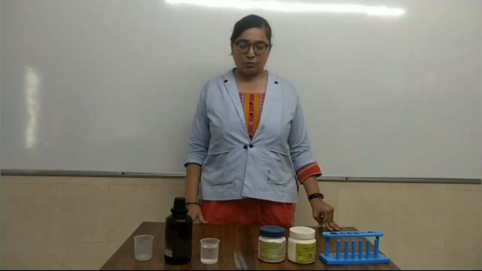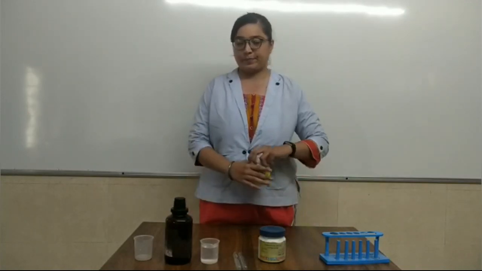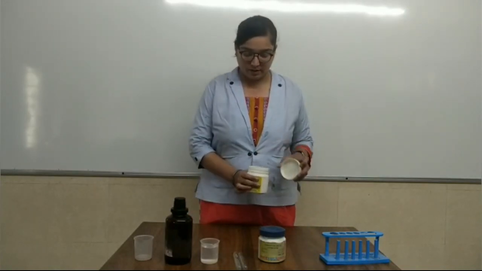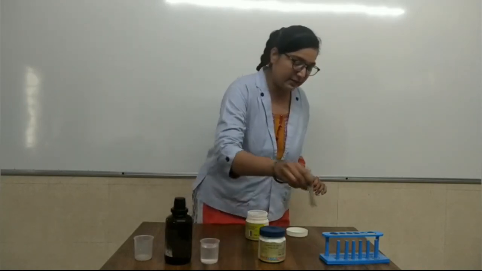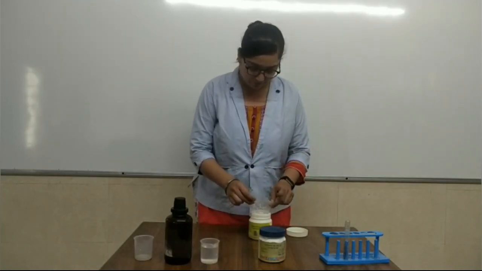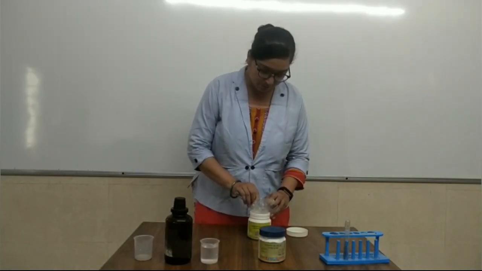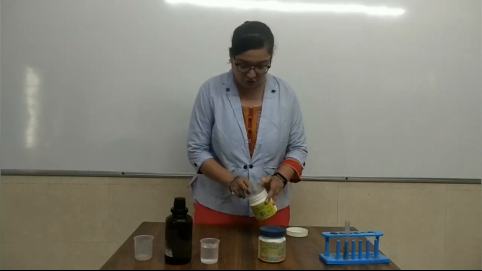Now let us first prepare the solution of sodium nitrate. Let us take some amount of sodium nitrate in the test tube. We could have used a spatula for it.